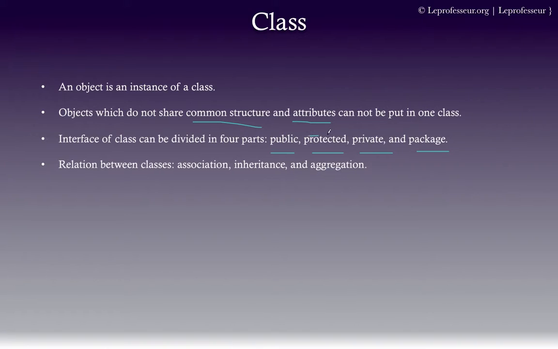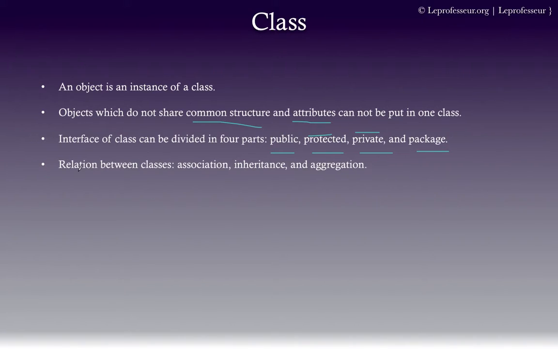Protected means you have given permission to view those photographs, videos to your friends. Private means only you can watch those videos or photographs which you have put on your social media profile. And packages, for example, are different classes packaged together in one package and they are interacting.